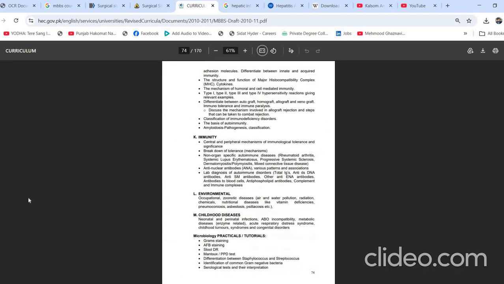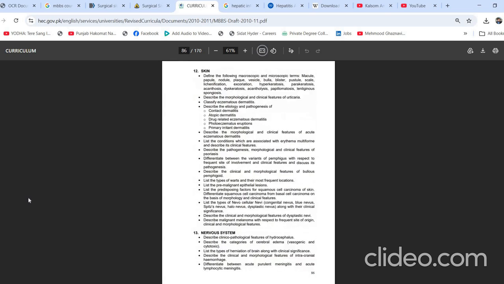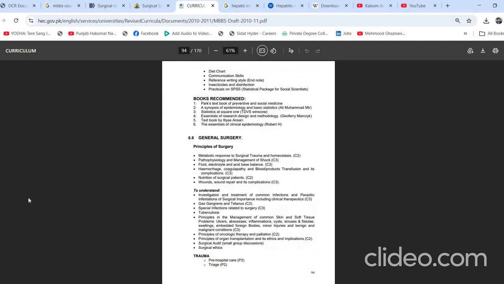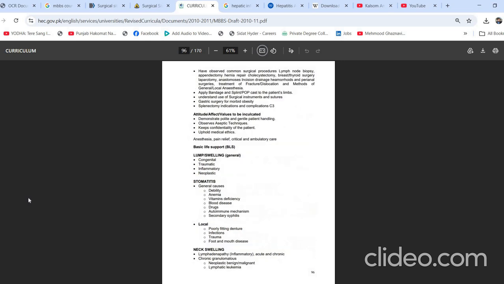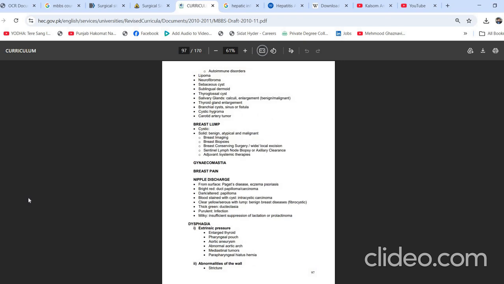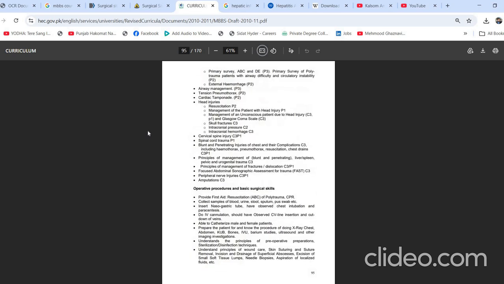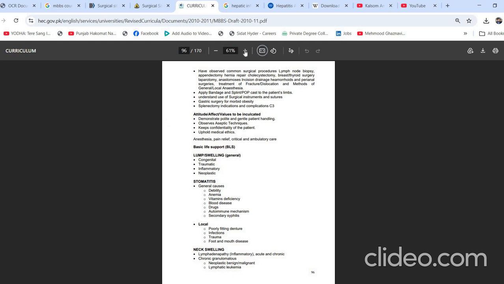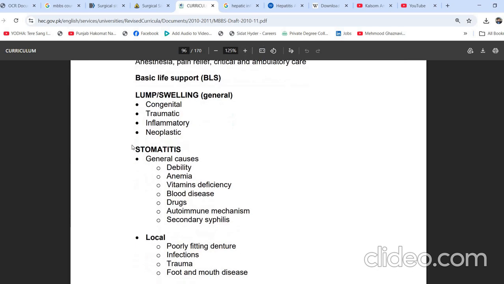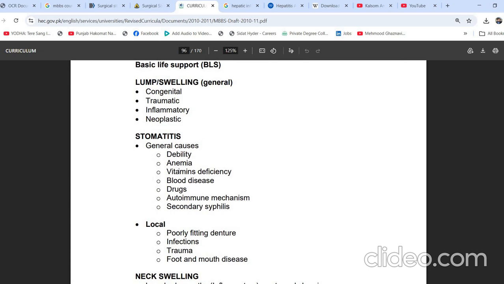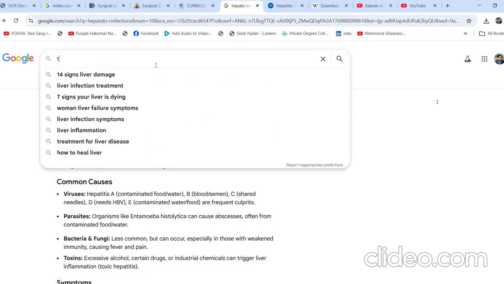So let's see the surgical infections. Let's see what stomatitis is.